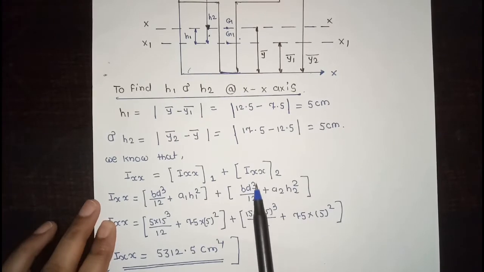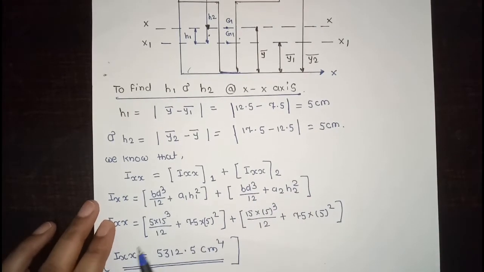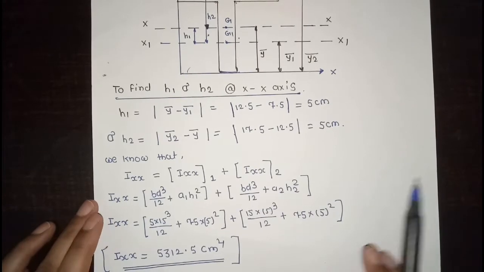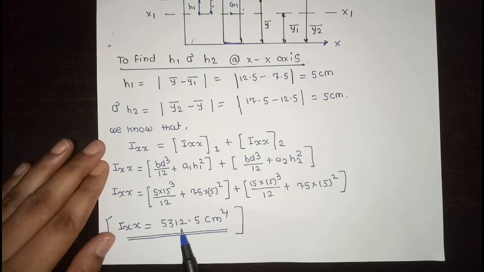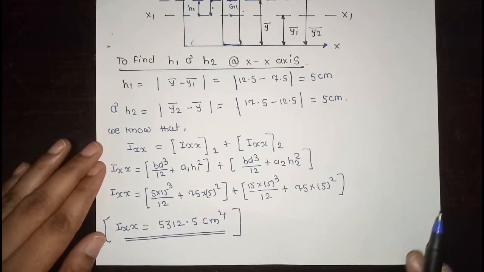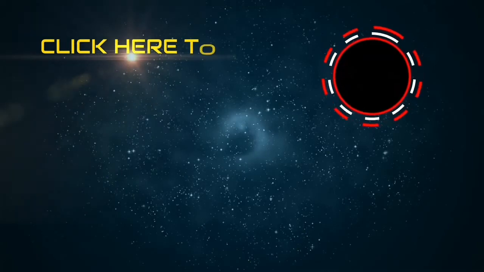What is the value of IG? For a rectangle, the moment of inertia about the x-axis is bd cubed by 12, plus A2H2 square. Put the values and we get the answer. Ixx is equal to 5312.5 centimeter raised to 4. Okay, thank you.